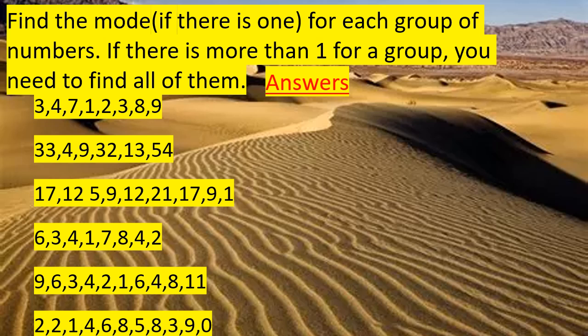So find the mode, if there is one, because we know sometimes there isn't, for each group of numbers. If there's more than one for a group, you need to find all of them. So the first group of numbers, 3, 4, 7, 1, 2, 3, 8, 9.